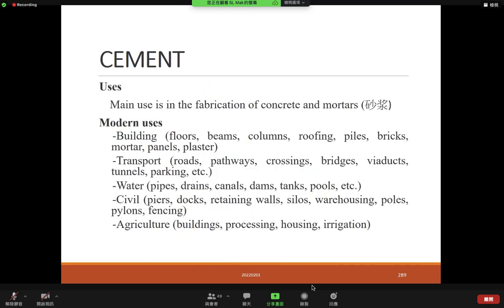The cement's main use is the fabrication of concrete or mortars. It can be applied in different areas, for example, making buildings, beaches, roads, water pipelines, swimming pools, agricultural buildings, etc.